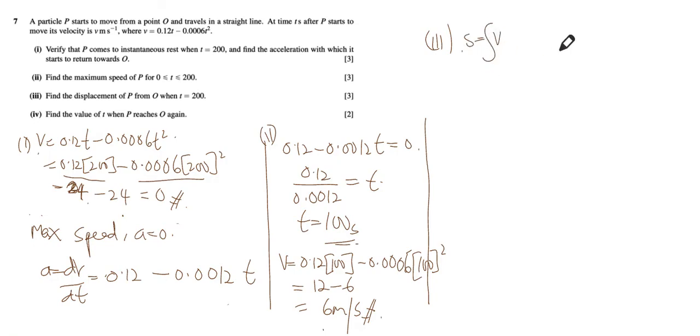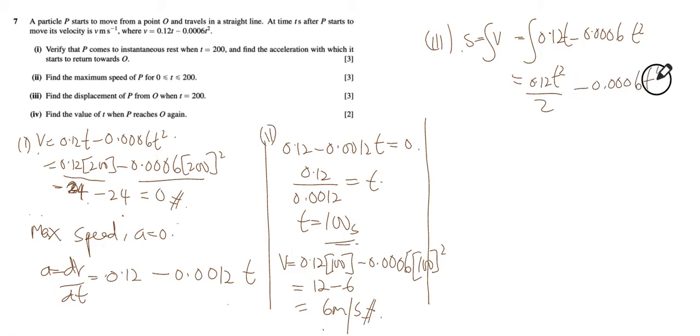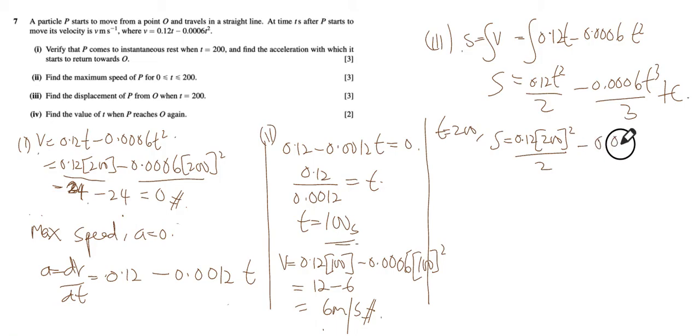Displacement S is found by integrating V. We don't have S here, so let's integrate V. Integrating 0.12t minus 0.0006t² gives 0.12t²/2 minus 0.0006t³/3 plus C. When t equals 200, S equals 0.12 times 200²/2 minus 0.0006 times 200³/3 plus C.